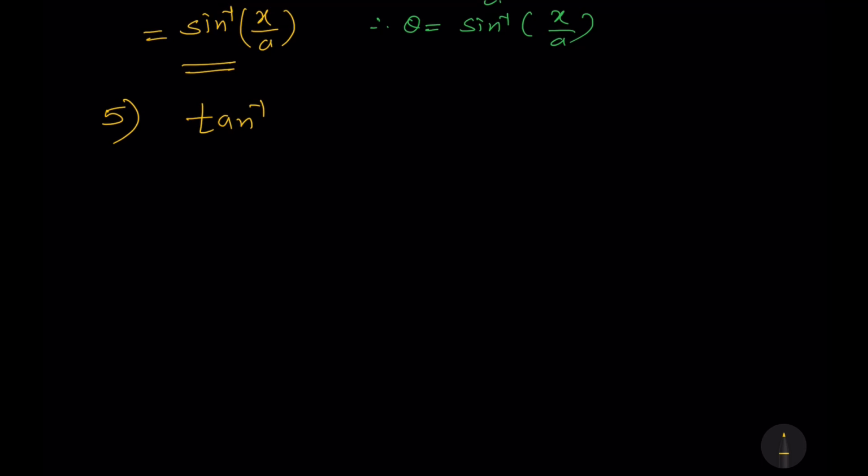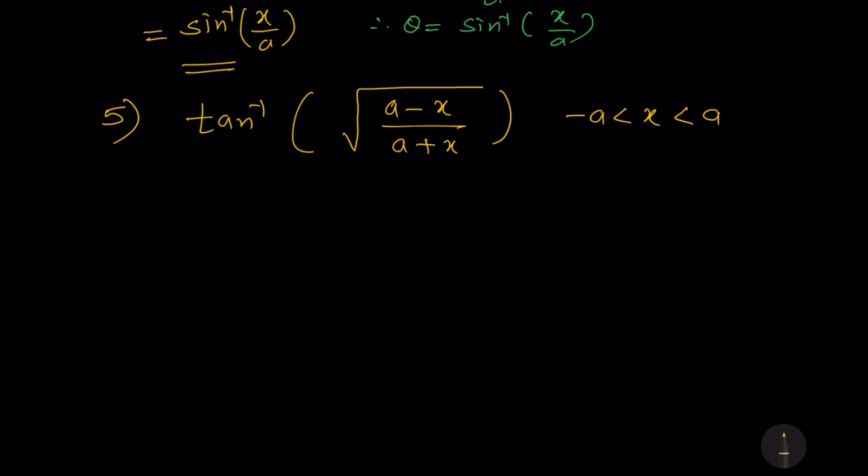Now we want to simplify tan inverse of square root of a minus x upon a plus x, where x lies between minus a to a. As I mentioned earlier, what will be our substitute here?